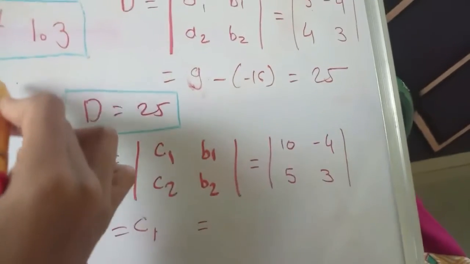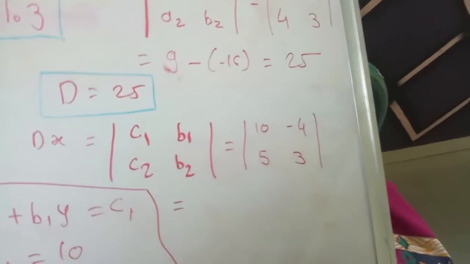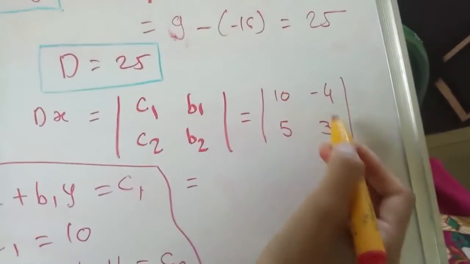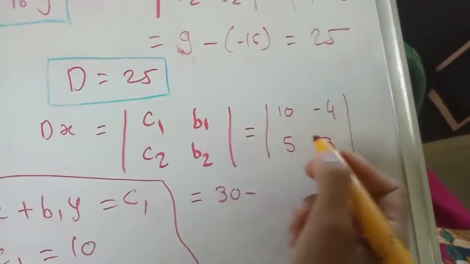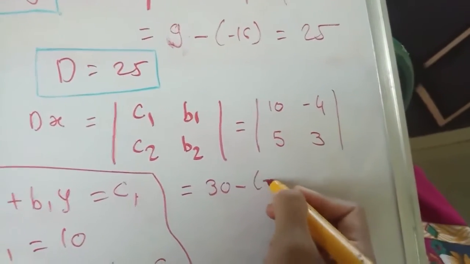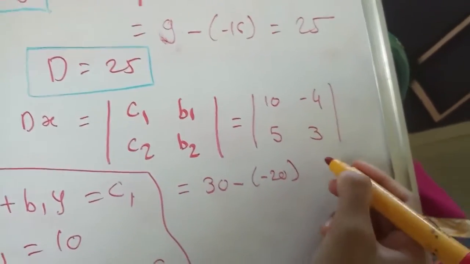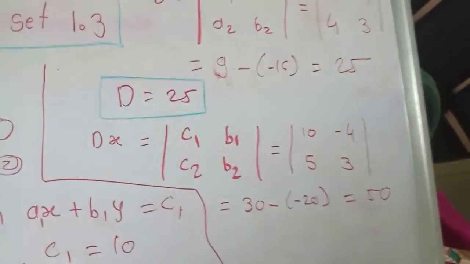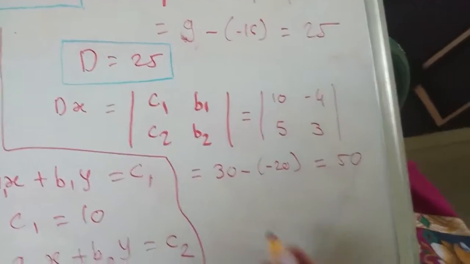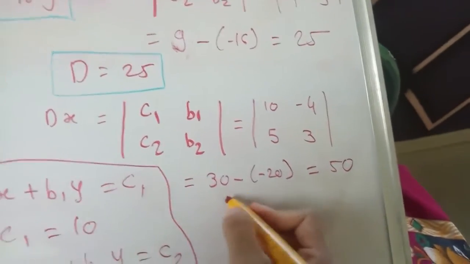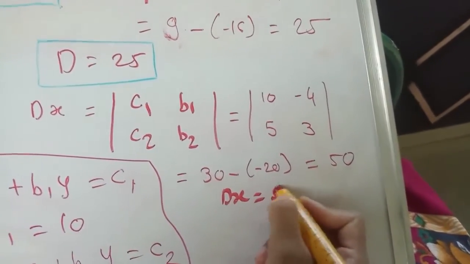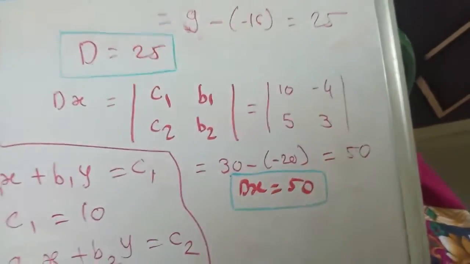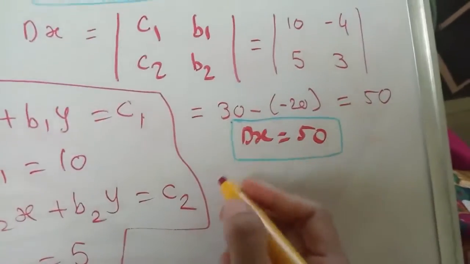So is equal to 10 into 3, 30, minus 5 into -4, -20. So 30 minus -20 is equal to 50. So dx is equal to 50.